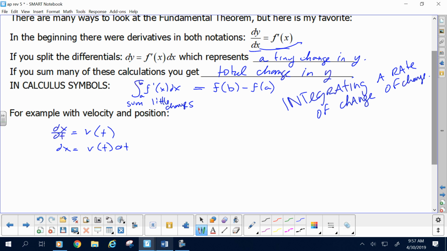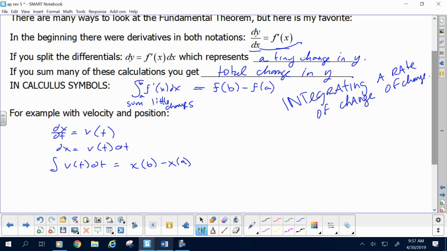If you then integrate that to aggregate all those changes, then overall, that's what's the total of all the little movements, all the little rate times times. And the total of all those little rate times represents how the position changed overall. Integrating a rate of change gives you an amount of change. That's the fundamental theorem applied to motion.